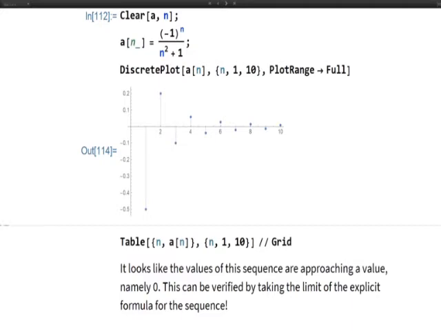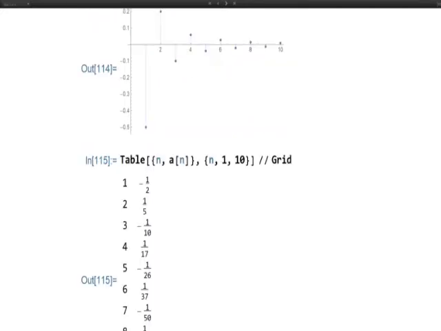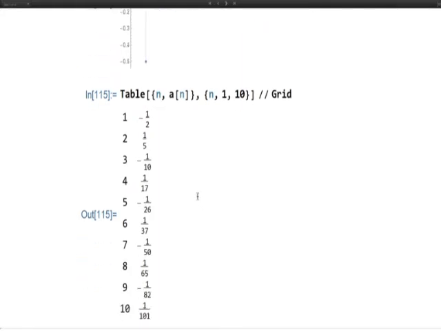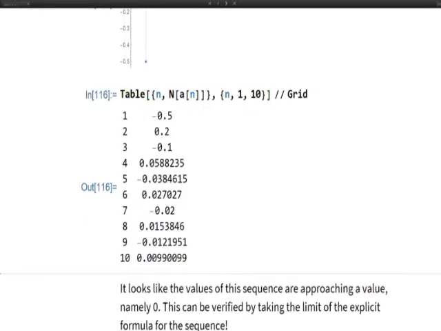We can even look at this in a table and look at the actual values of the sequence. Here are the n values over here, and here are the output values. We could also make this numerical if you wanted, so you can look at it in terms of decimals and see what the pattern seems to be doing.